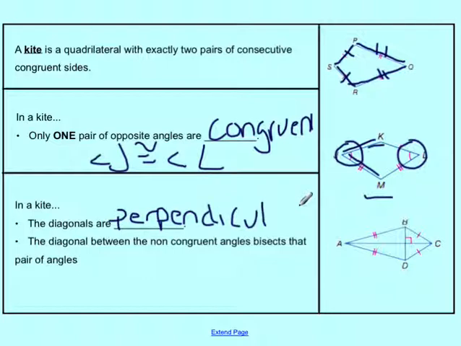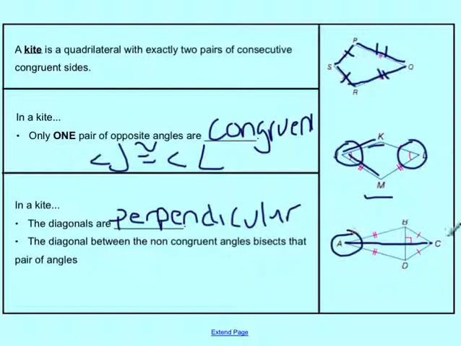Okay, so the diagonal between the non-congruent sides bisects the pair of angles. So here, we're going to have line AC. So notice it's between the pair of non-congruent angles.